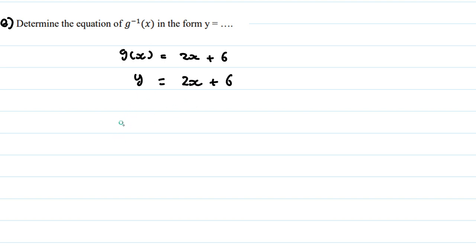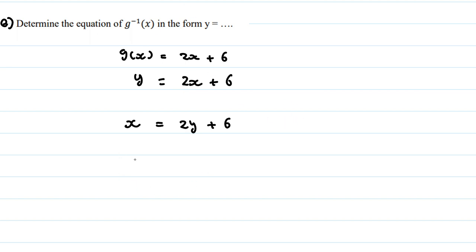So we're just going to say x is equal to 2y plus 6. Basically what we did is we took that x and put it there, and we took that y and put it there.